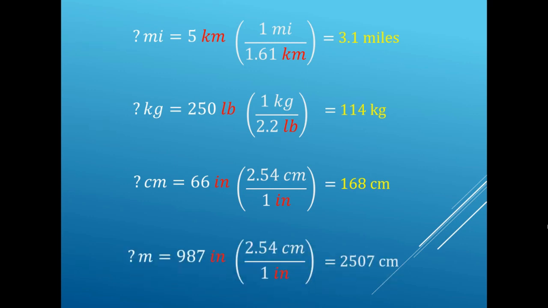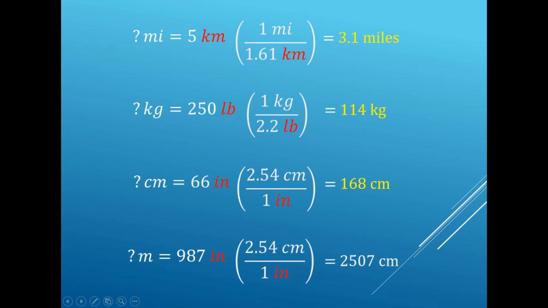And then the last one, you have 987 inches. How many meters is that? Well, we know that there are 2.54 centimeters in every inch. So we can convert 987 inches into 2,507 centimeters. But what was the question? The question was meters. So how many meters are there in 2,507 centimeters?